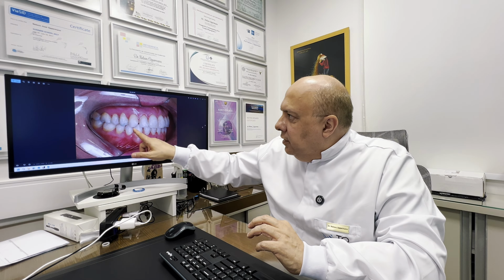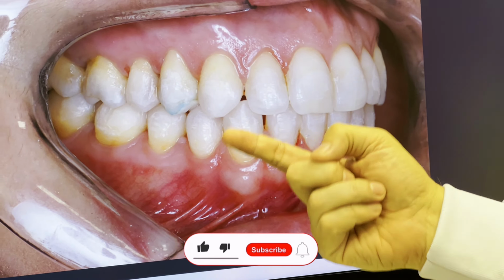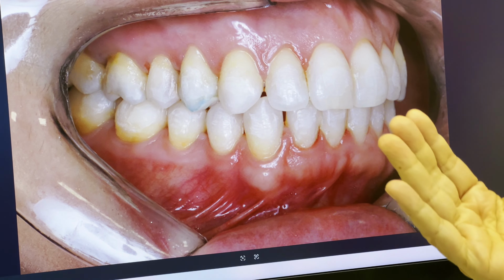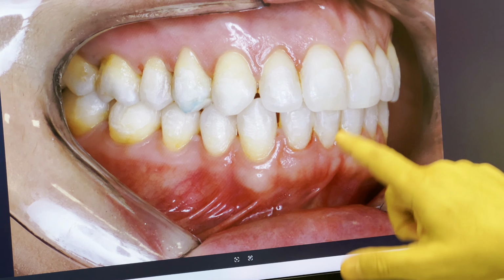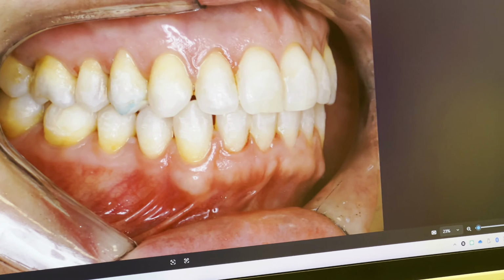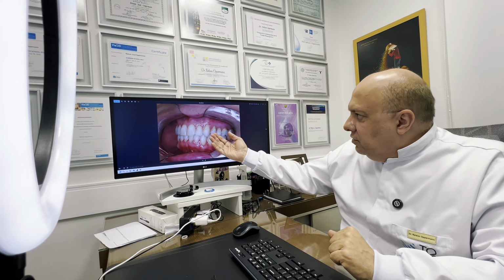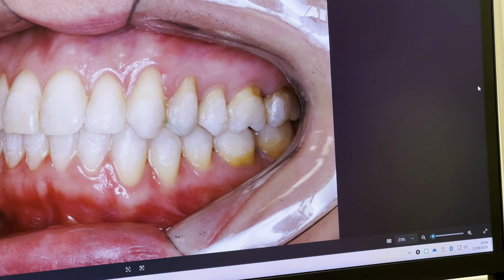From the side, look at that canine, it was so sharp and so big and very tipped. Now the canine is uprighted with ideal torquing, giving the patient freedom to not have interferences anymore. The other side, same situation, freedom for the patient to move.